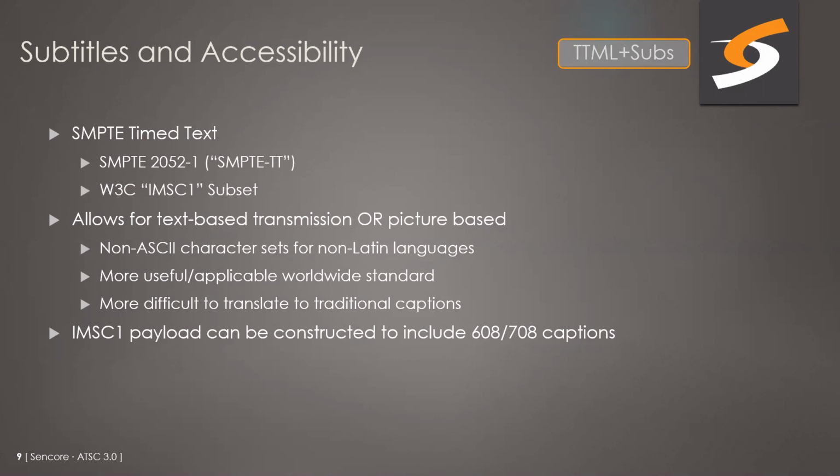I did add a line here from when I used this slide earlier that it is possible, and the ISMC1 standard does call out a way to stick the 608 and 708 caption data into the SMPTE time text XML file.